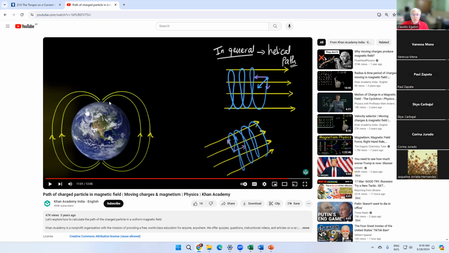And that's what produces the auroras on the Earth, exactly because of this helical motion of the charged particles, either towards the North Pole or the South Pole. It all depends on the velocity vector of the charged particles. Okay? And that's what this guy is talking about.